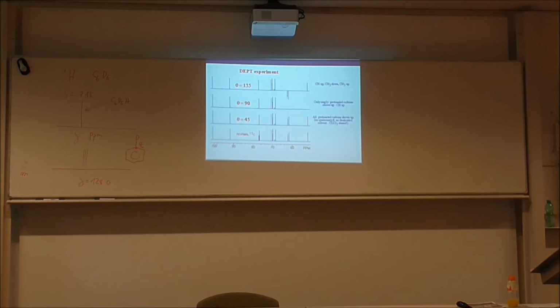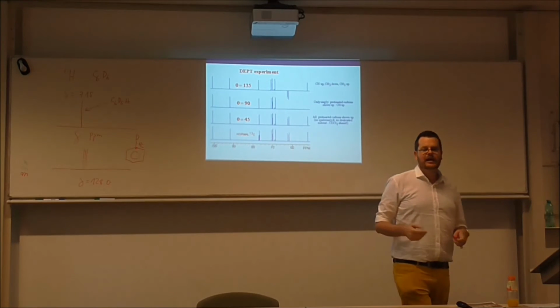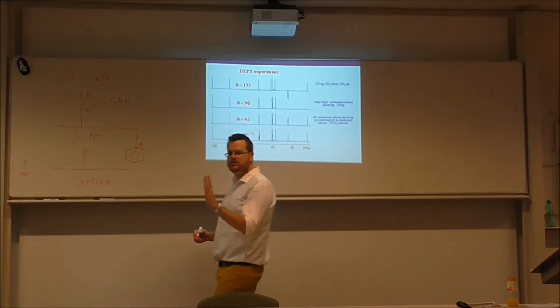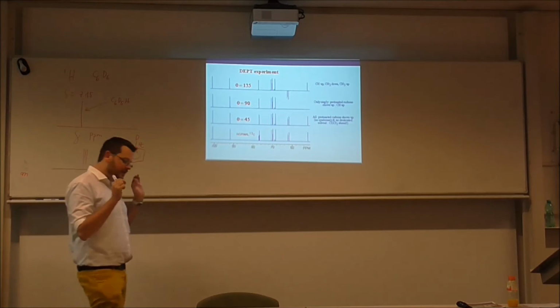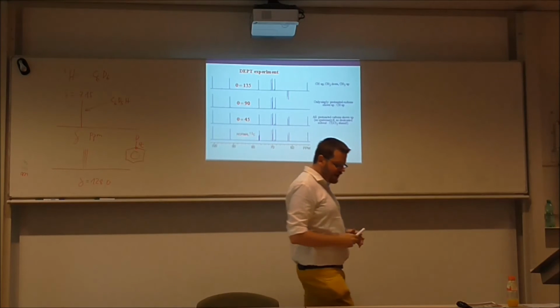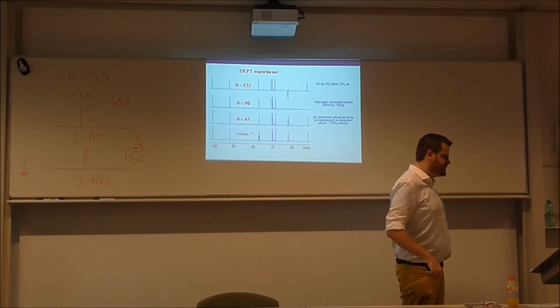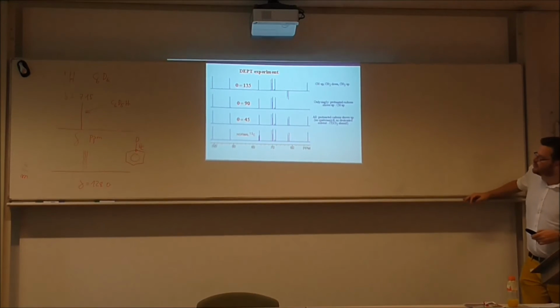Deuterium has a spin of 1, so we end up with what looks like a triplet, but it's not a traditional triplet. It's actually a 1:1:1 signal. A traditional triplet is 1:2:1. This is 1:1:1. And I think you might have seen similar things with the solvents that you've been using in the practical. So be aware of that. In the proton NMR spectrum, it's basically corresponding to something like that. In the 13C, the multiplicity is a result of coupling to deuterium. So that's an important technical point.